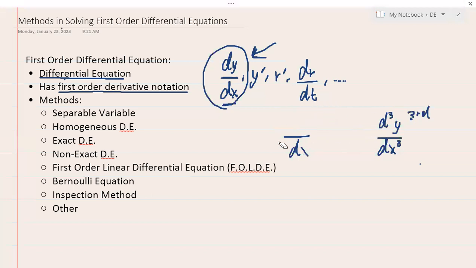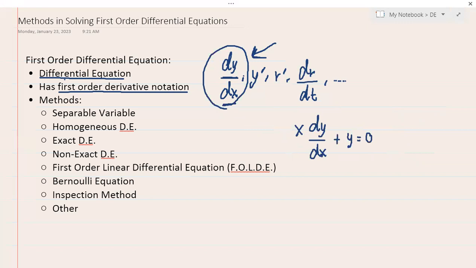So, let me give you some examples. Okay? Ano yung tsura yung mga first order differential equation? So, for example, we have x times dy all over dx plus y is equal to 0.